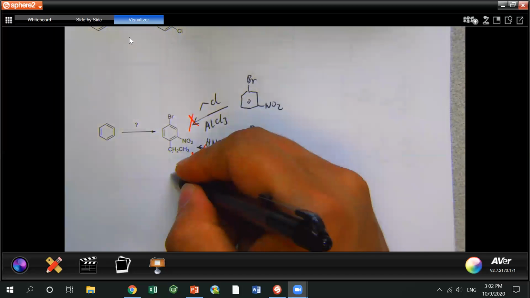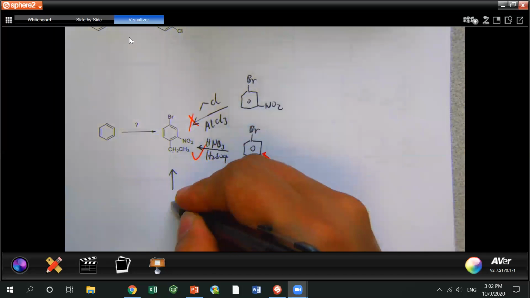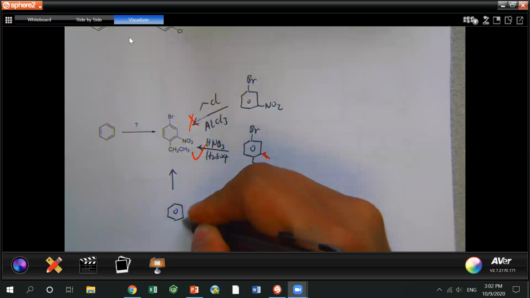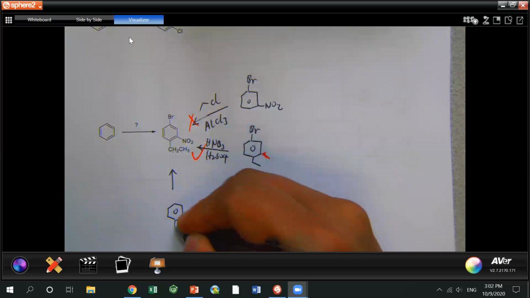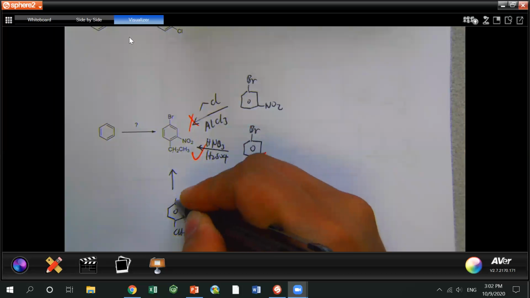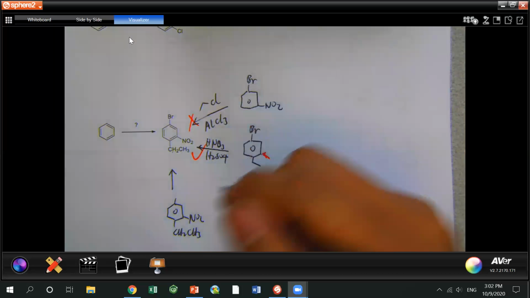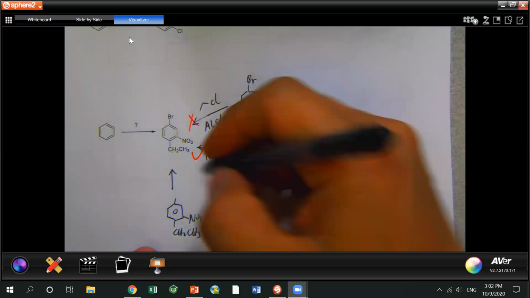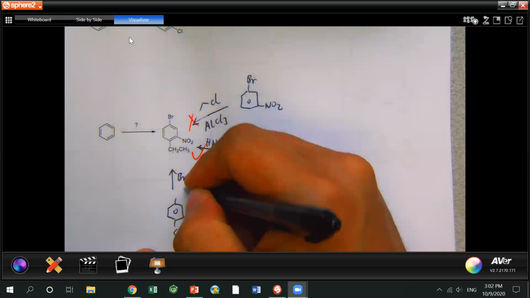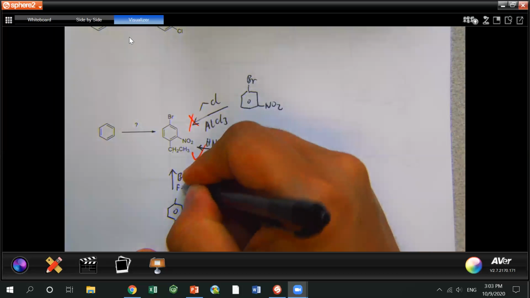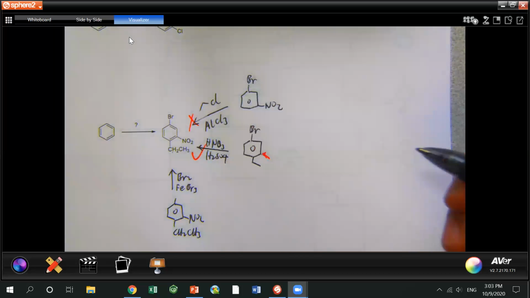And then we try the last one. We keep the nitro and the ethyl group, and then add the bromine, with Br2 and FeBr3, to see whether it's going to work.